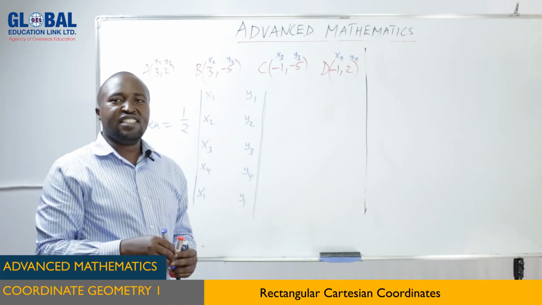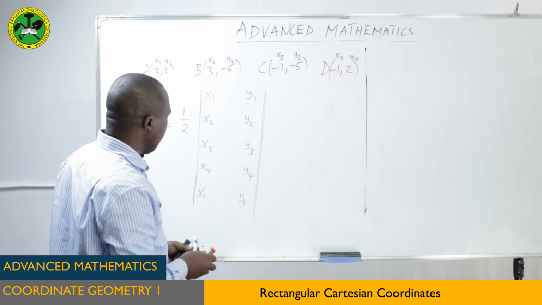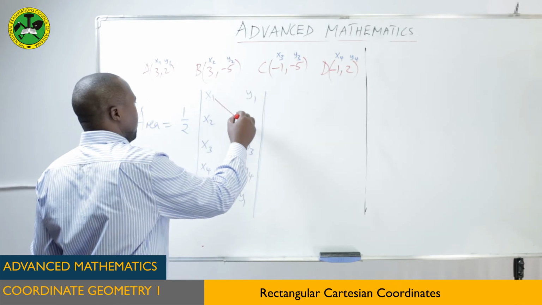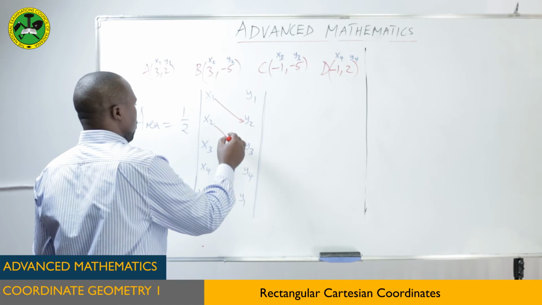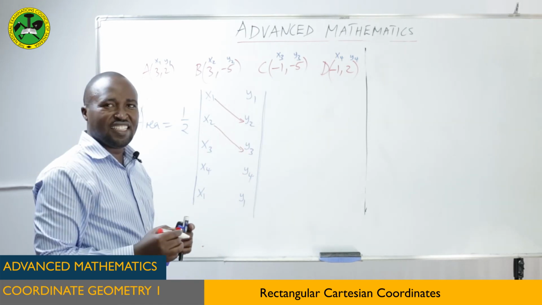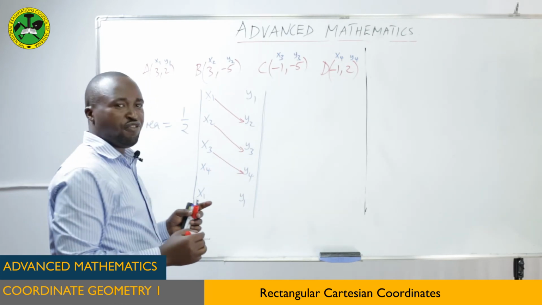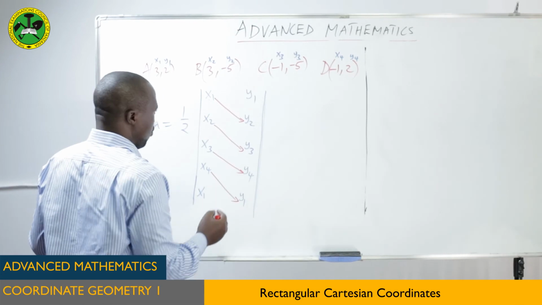So again, let us use arrows and dotted arrows. We are going to start with x1 and y2, then followed by x2 and y3, followed by x3, y4, then x4, y1.